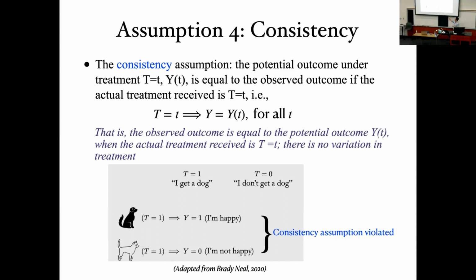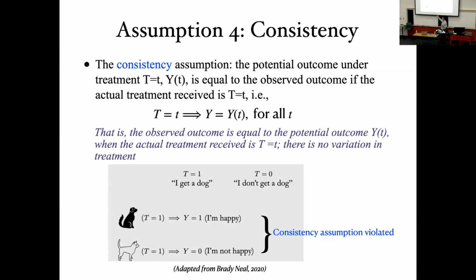But you can find some very ugly examples. This is one example. Suppose we have a treatment: if treatment is 1, I get the dog; if treatment is 0, I don't get the dog. You have two possible values. In this case, I get a dog, I'm happy, good. But here, I get a dog, and actually there are some other factors. The dog is white, and I'm not happy.